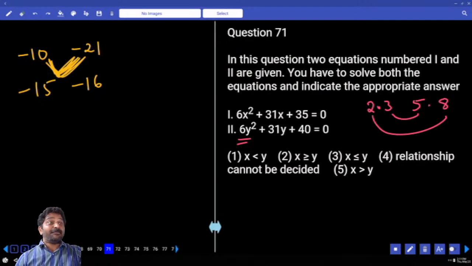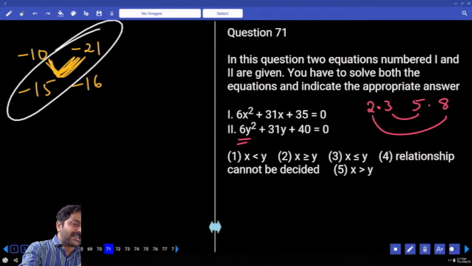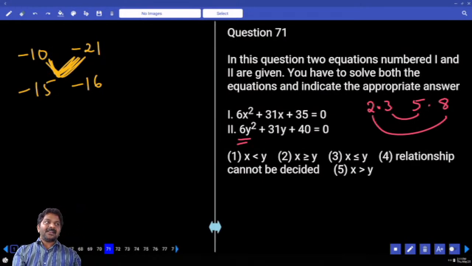Minus 15 lies in between. Relation cannot be established, because when you pick this x greater than y, if you pick this x less than y, greater than condition, less than condition, both we are getting, relation cannot be established.